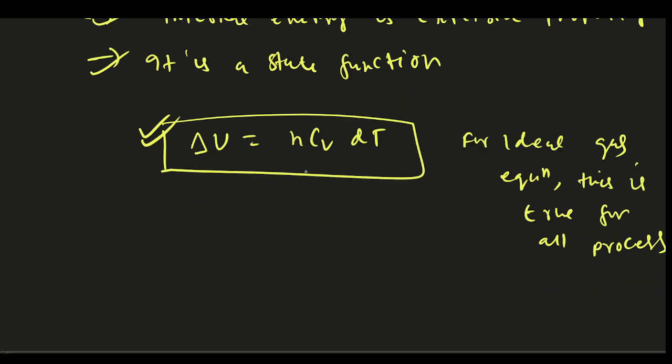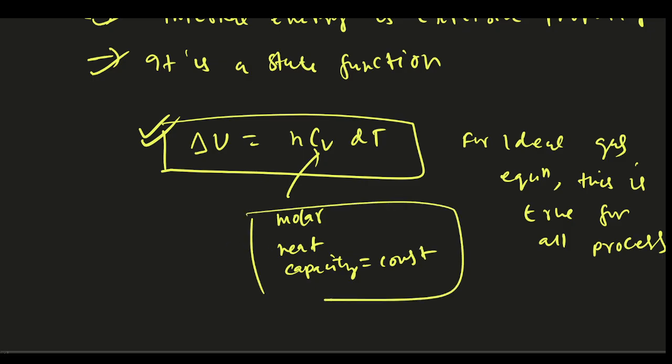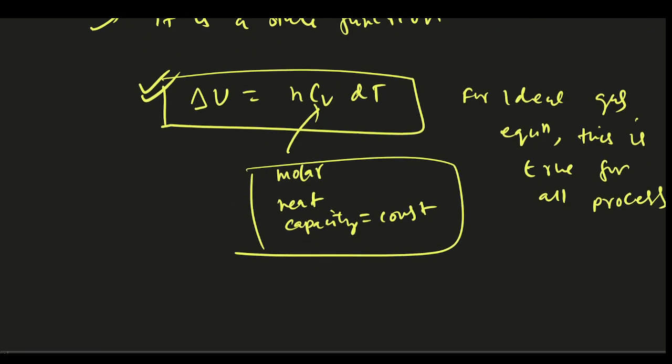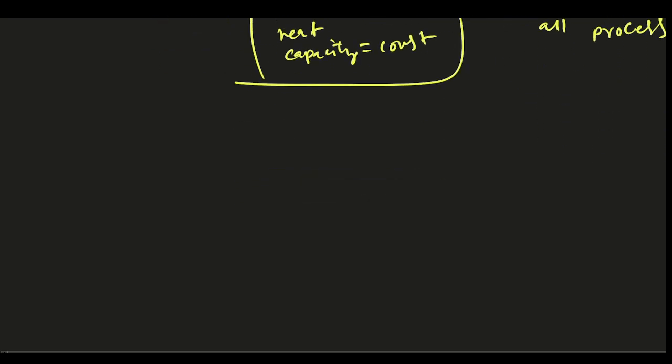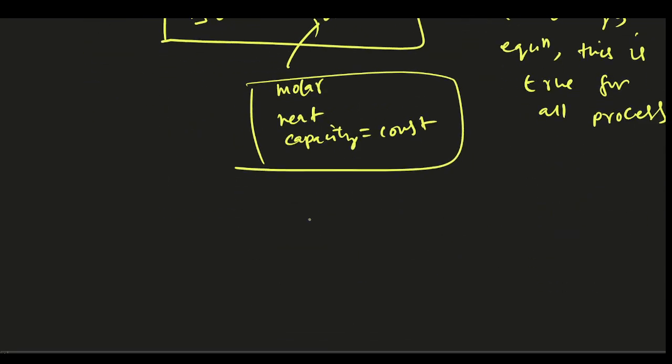And this Cv, that is molar heat capacity, is constant. So this molar heat capacity we will take as constant if not mentioned. So if not mentioned, then always take Cv as constant.